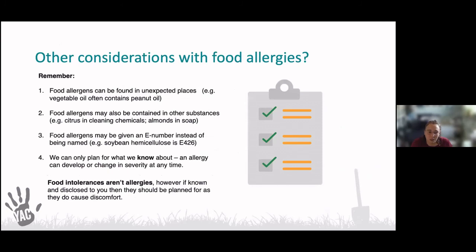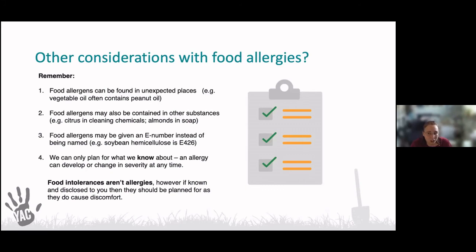And other considerations with food allergies is that they can be found in unexpected places. So vegetable oil often contains peanut oil. Food allergens can also be contained in other substances as well. So almonds can be in soap, citrus can be in soap, gluten can be in soap.